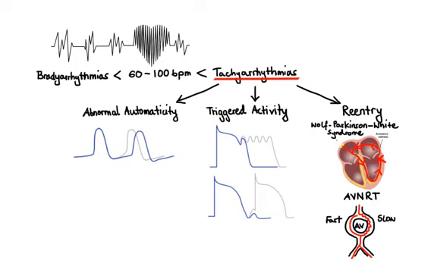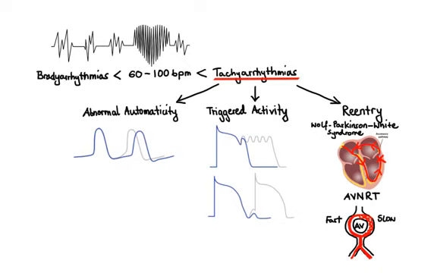But let's not forget that the slow pathway has a short refractory period. So by the time the signal reaches the top, the slow pathway is ready to conduct another signal. So what ultimately happens here is that the signal continues to circle around, sending fast impulses, which result in tachycardia.